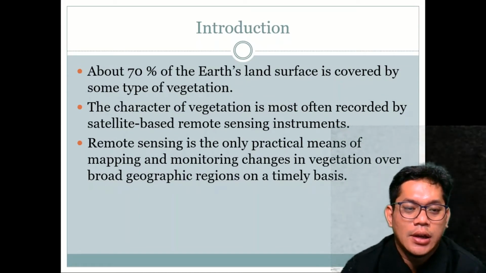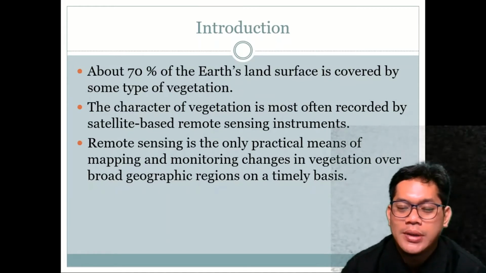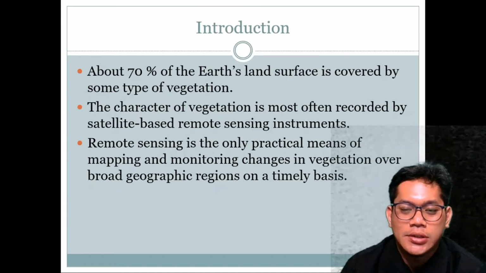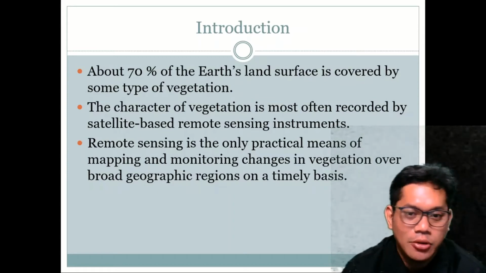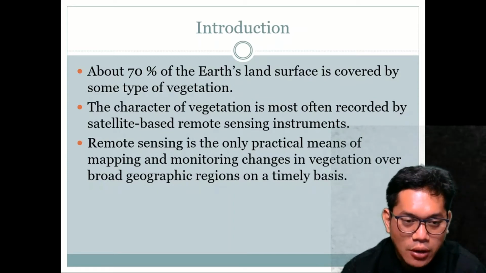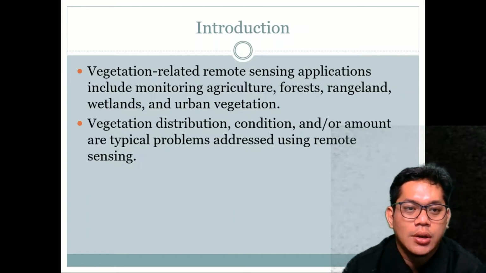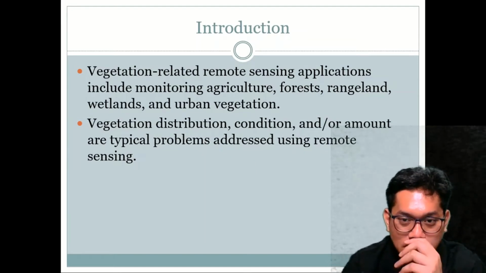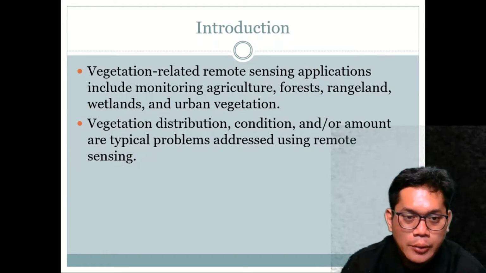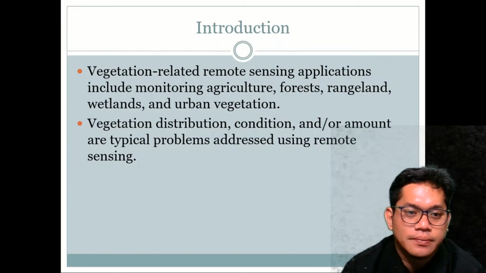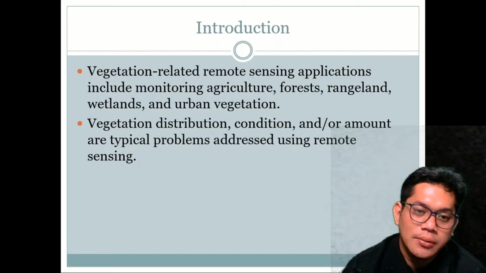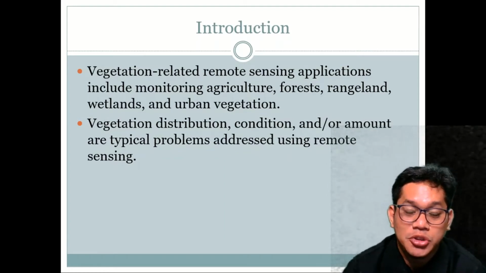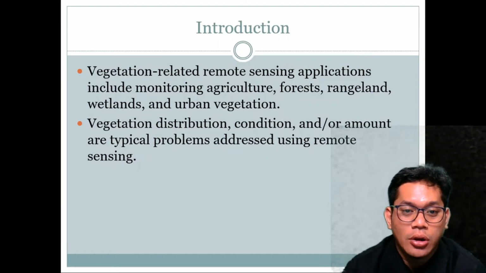And as we see, 70% is too big, so remote sensing is the only practical means of mapping and monitoring changes in vegetation over broad geographic regions on a timely basis. Vegetation-related remote sensing applications include monitoring agriculture, forest, rangeland, wetlands, and urban vegetation. And what we see in remote sensing are basically the distribution, the conditions, or the amount of vegetation.